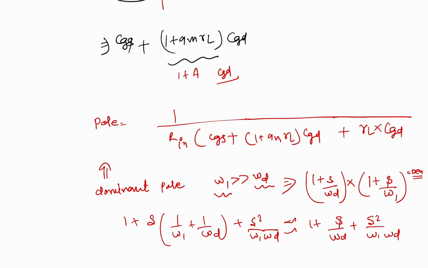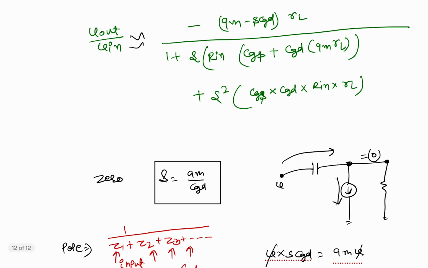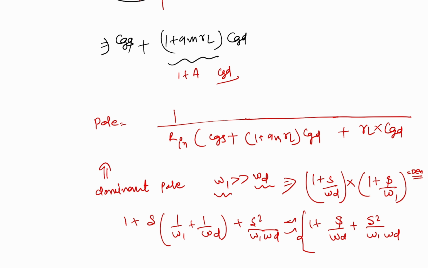So this is the denominator of the equation, and from here you can compare this term with this term, and find out the dominant pole and also the other non-dominant pole.